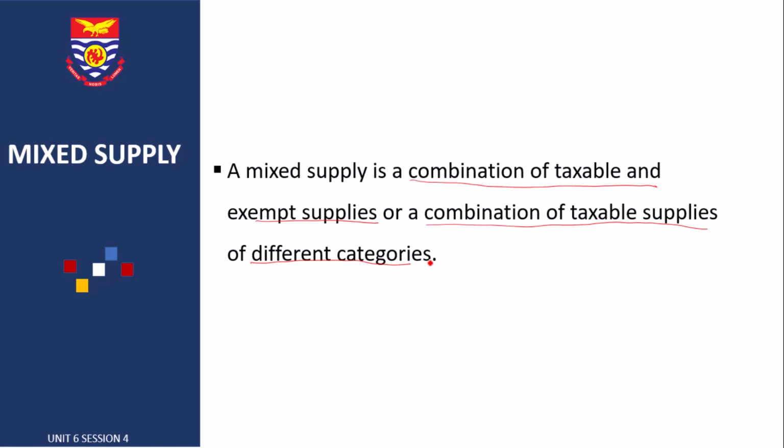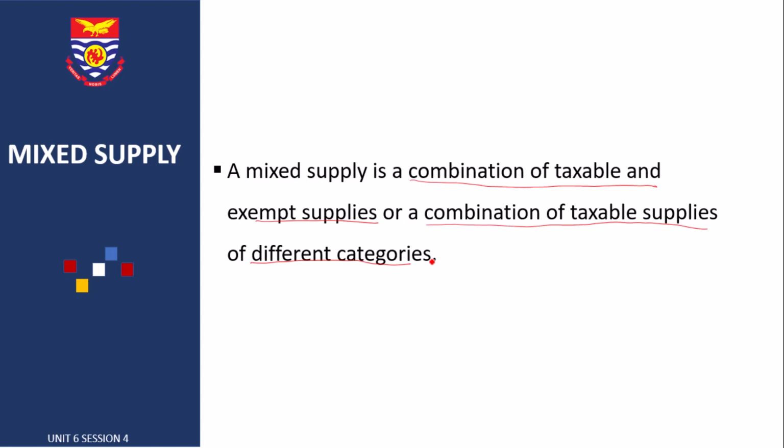In our previous session, we learned that a taxable supply is any supply of goods or services made in the course or furtherance of a business that is not exempt from VAT. In the case of a mixed supply, the VAT treatment of the supply will depend on the predominant character of the supply.